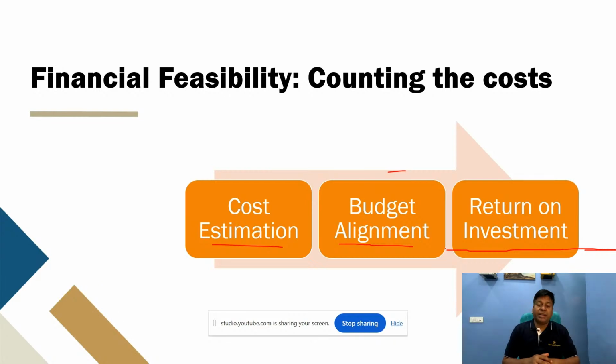Sometimes ROI can be the market positioning. Sometimes ROI may be the user base which I want to acquire. But convert each and every aspect into monetary terms. Otherwise, at the end, you will not be able to trace. So financial feasibility is about ensuring our dreams are not only being built, but are bankable as well.